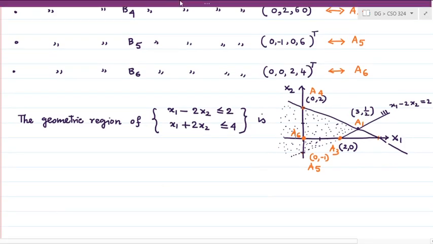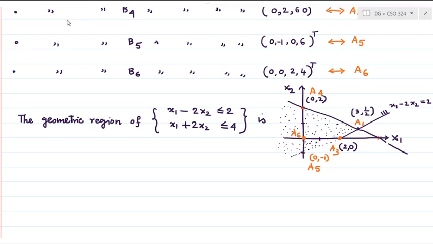Now we put a note here, a very special note. The note is the following: if we consider these two inequalities as constraints in a standard linear programming problem, then we also have to have all x_i greater than or equal to 0.